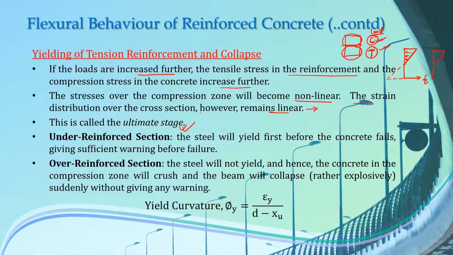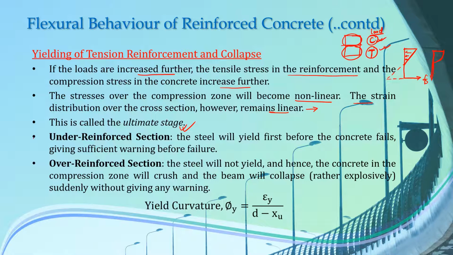Now this is called the ultimate stage. So once we have reached the ultimate stage, once these strain values in our concrete and steel have reached the ultimate values, now the failure occurs in our beam. So failure may occur in two ways, as we discussed in our first slide of this lecture.